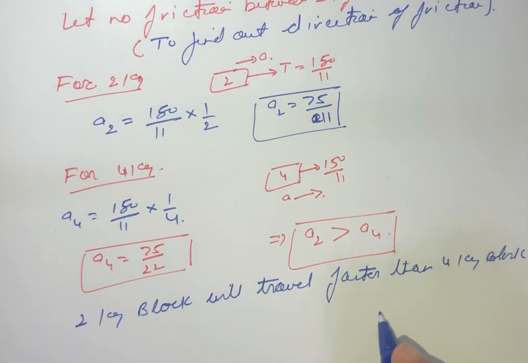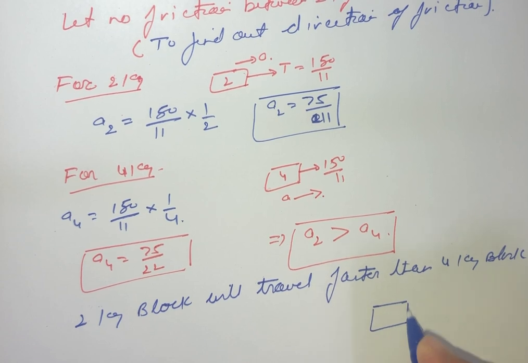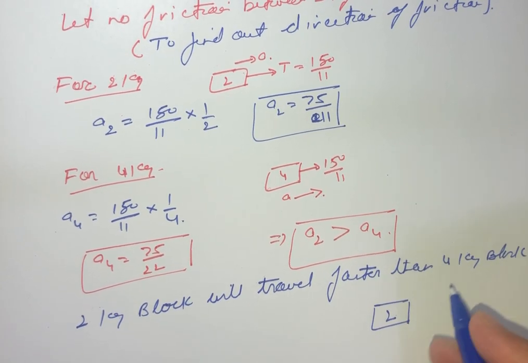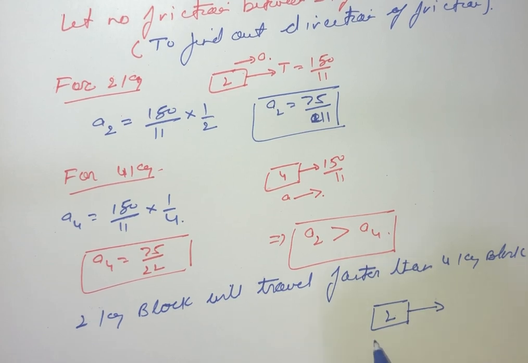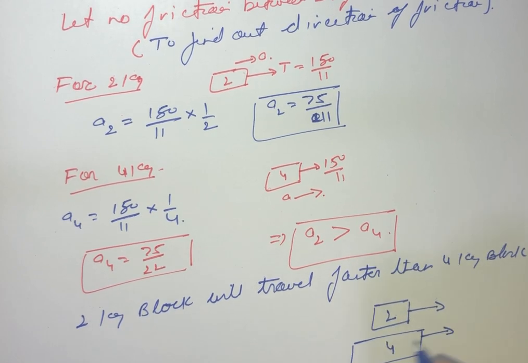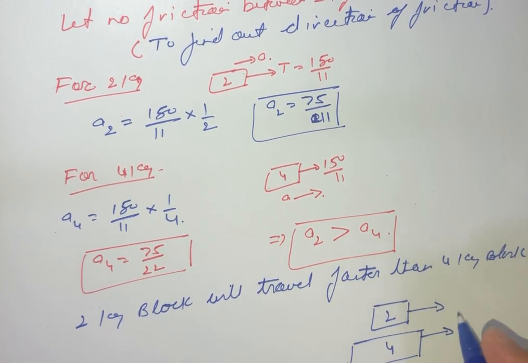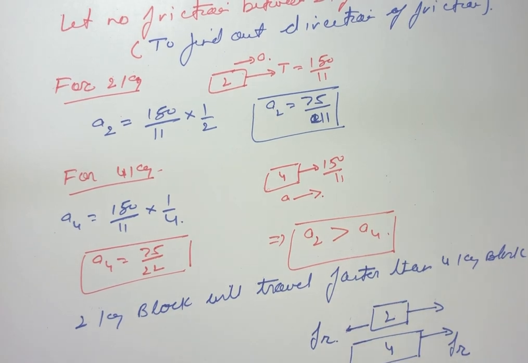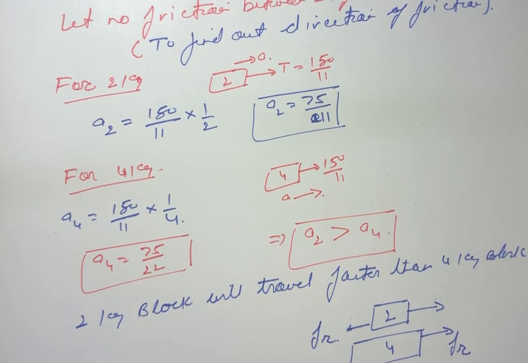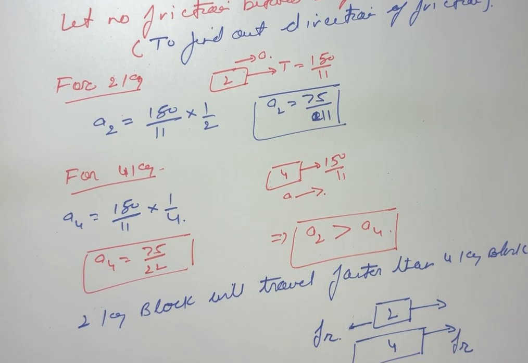This will make sure that it pulls the 4 kg block, as there is friction between these two. Let us call that friction Fr, and accordingly there will be an opposite force Fr here also. So we got the direction of the friction force.